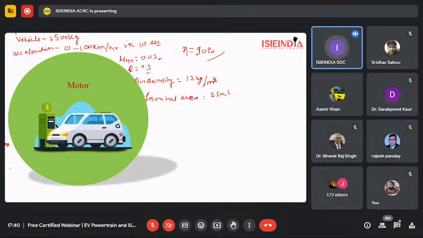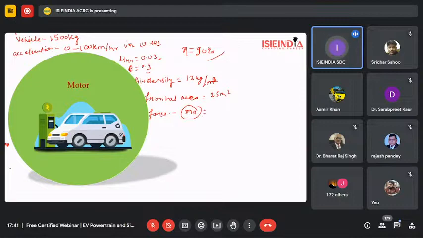These are the parameters which I have already given. Based upon these parameters, we will be calculating the force required to accelerate the vehicle. The force required to accelerate the vehicle is mass into acceleration. Can anyone calculate and tell me the answer?